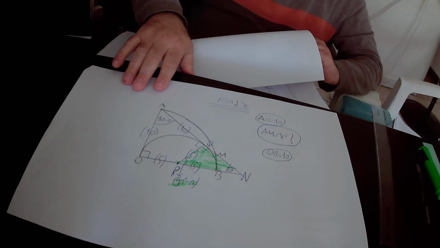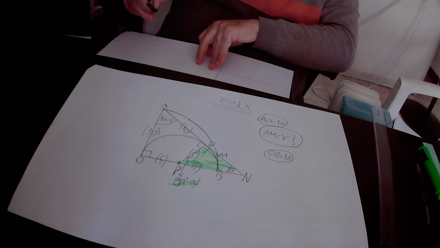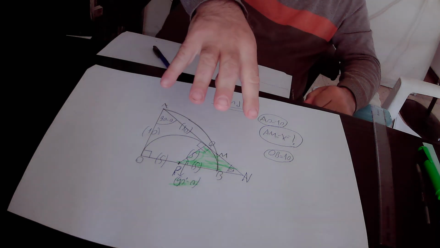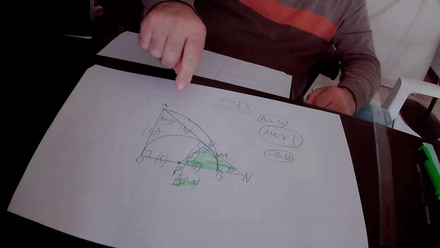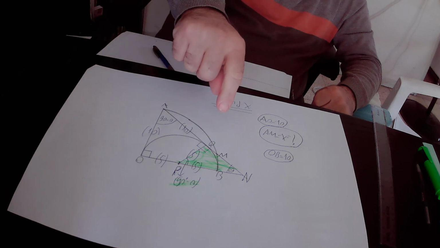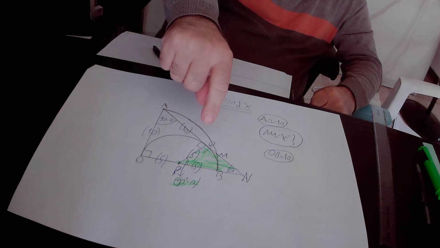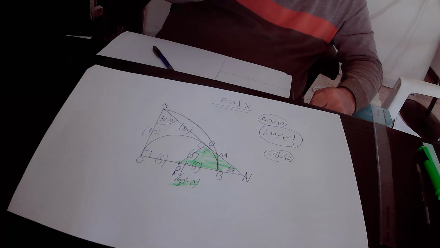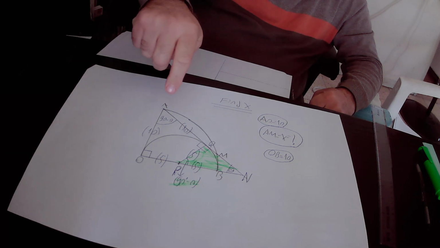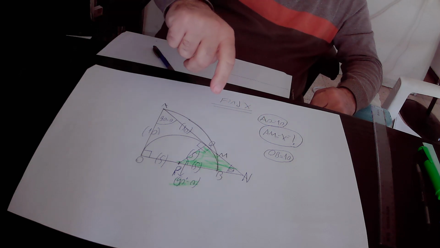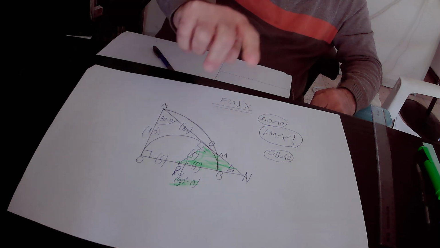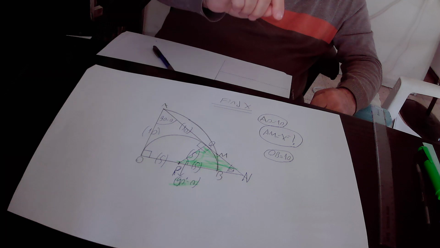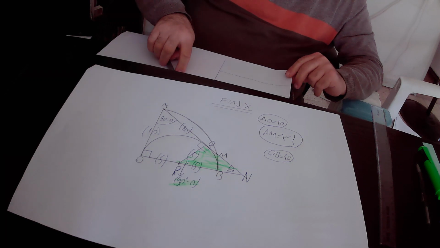So we actually proved that all the three angles in the big right triangle AON are correspondingly equal to all the three angles in the small green triangle PQN. So we actually proved that the big right triangle AON is similar to the small green triangle QPN according to the angle similarity rule. So I write it down.